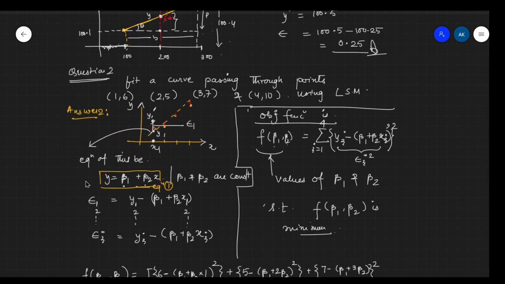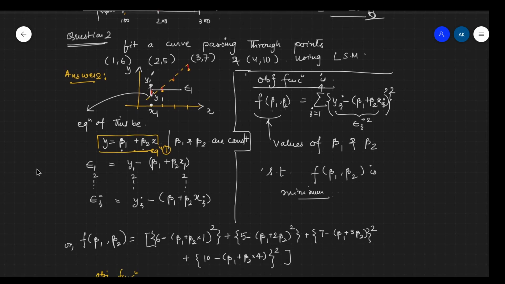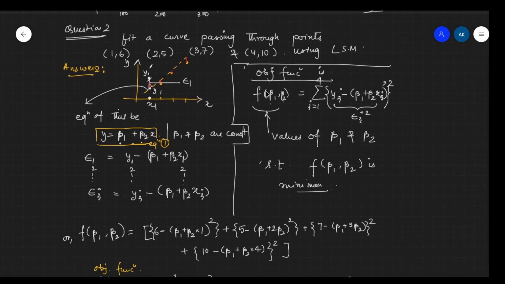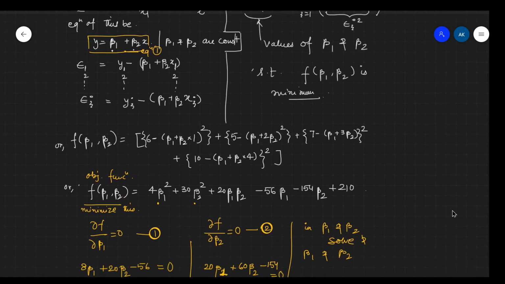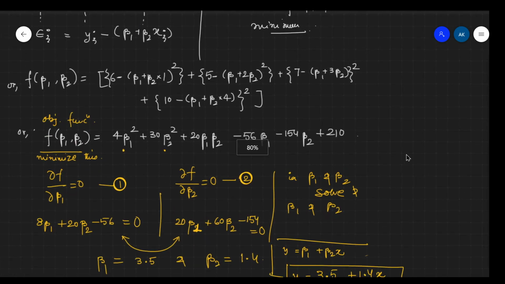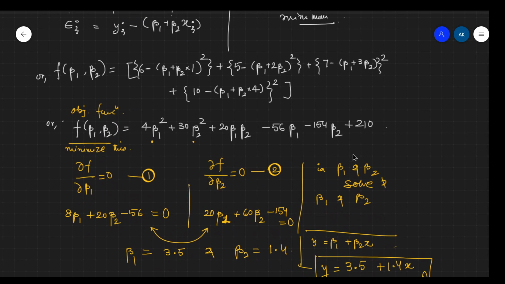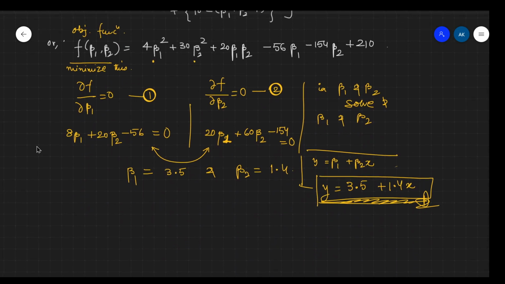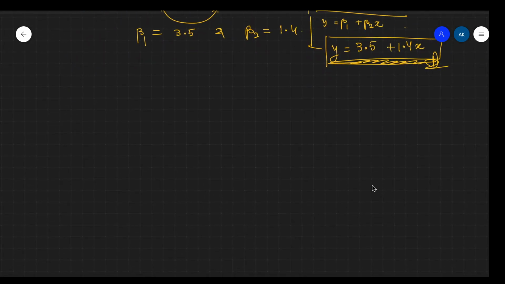We assumed the equation, we found the errors, we constructed an objective function, then this became a question of calculus where two variables were there and our aim was to minimize this. Then we minimized it and found the equation by putting these values back into equation number 1. Okay, so this was one thing.